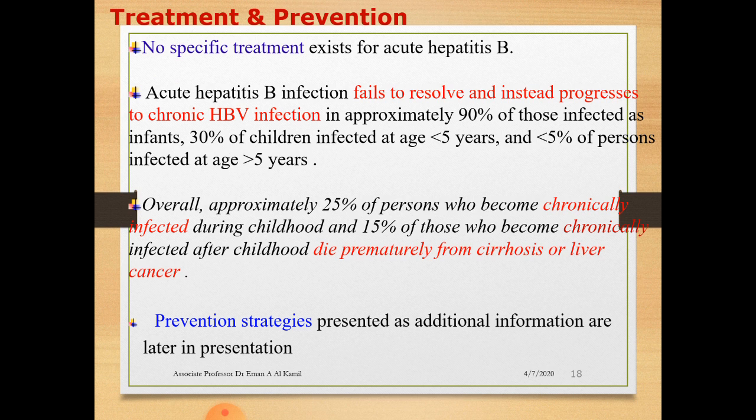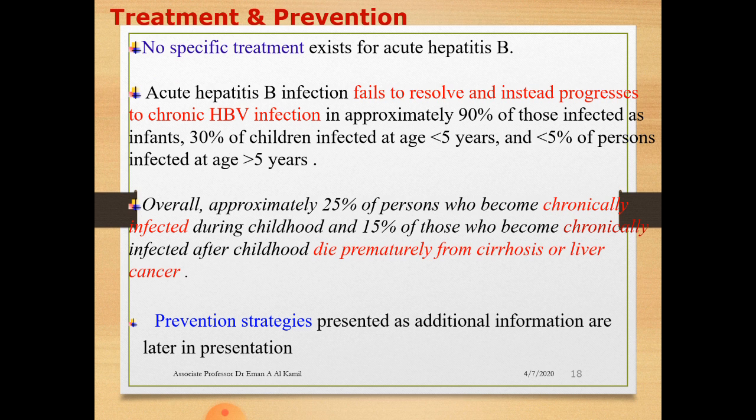For example, it has been noted that 90% of those who get the infection during infancy will have a chronic infection. And 30% of children infected below 5 years of age will also have chronicity, while less than 5% of persons will develop chronic hepatitis, especially if they got the infection after the age of 5 years.